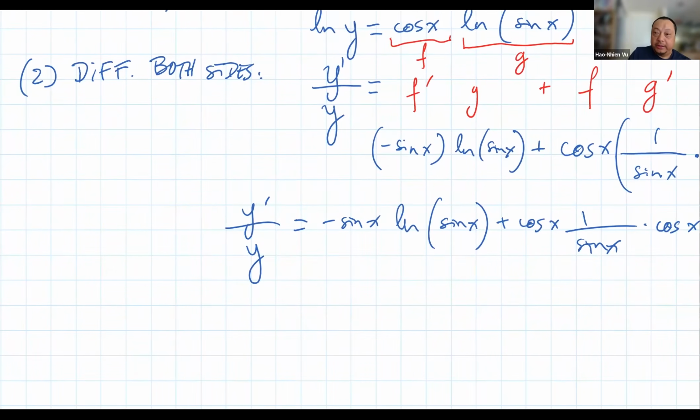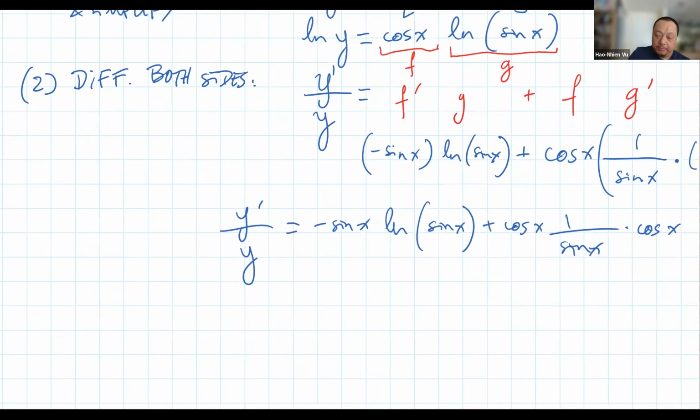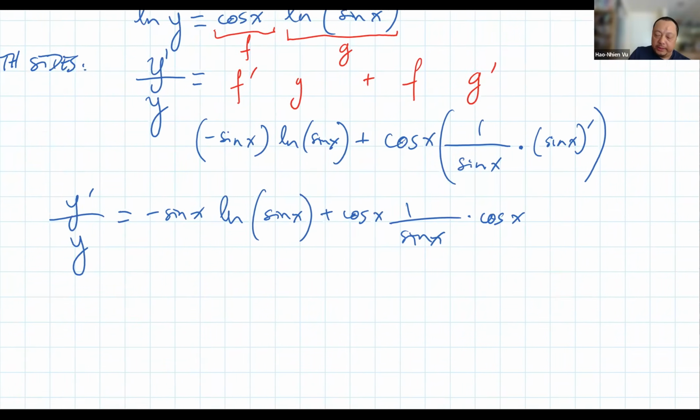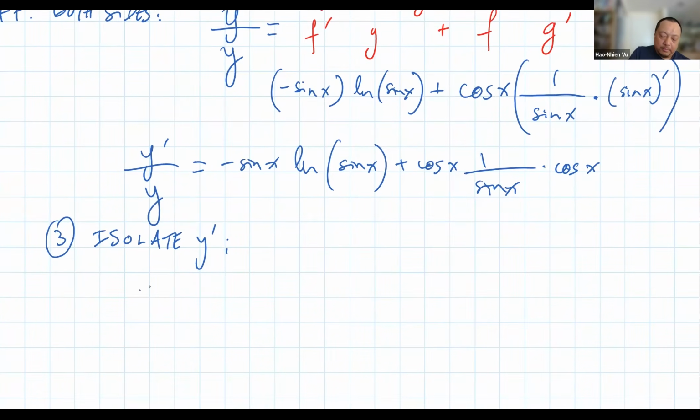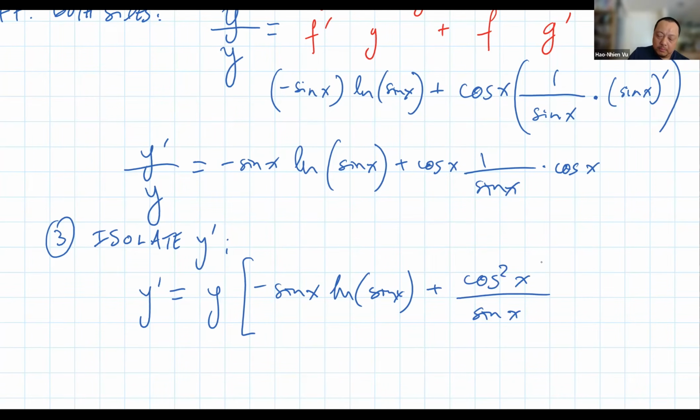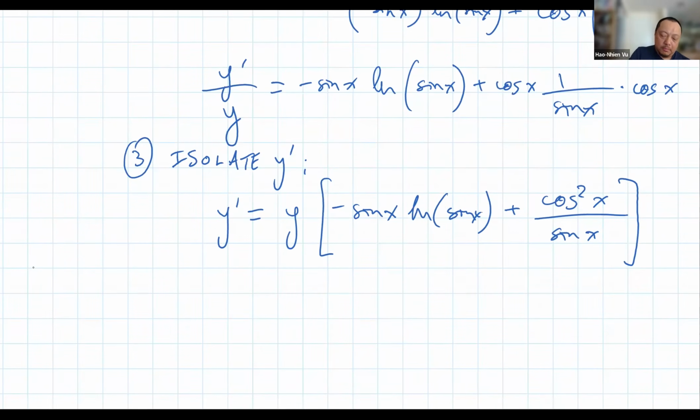All right, so I'm running out of room on the right, so let me shift things over a little bit. Step 3 is to isolate y prime. Y prime is equal to y times all of this stuff. And step 4 is to sub back what y was. Y prime is equal to y.